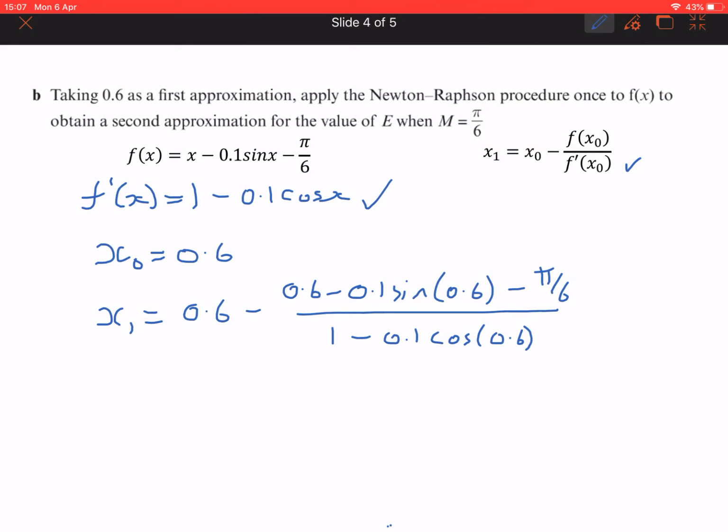So into the calculator, and that gives me the value of 0.5782 and so on. So therefore my second approximation for E is 0.5782 to 4 decimal places. I've given quite a few decimal places there.